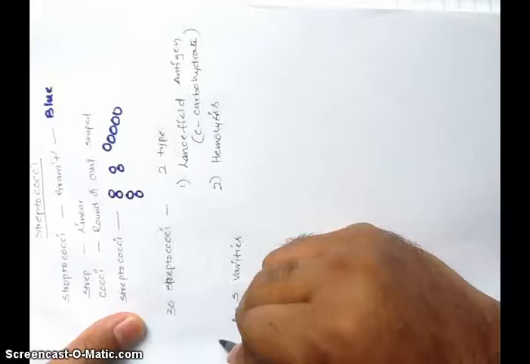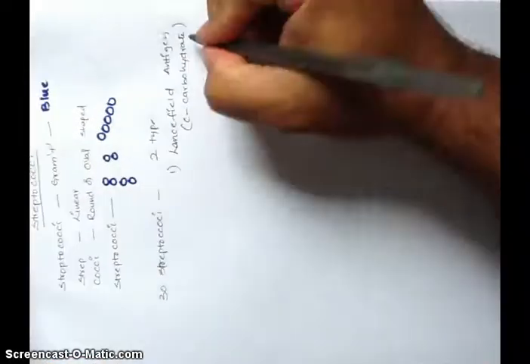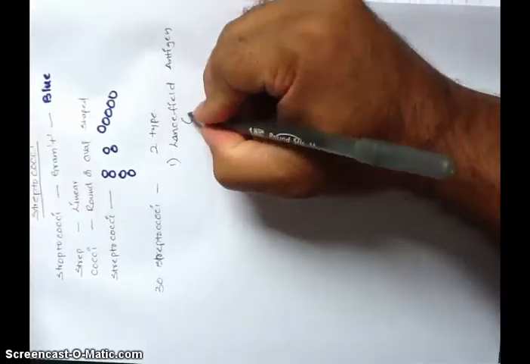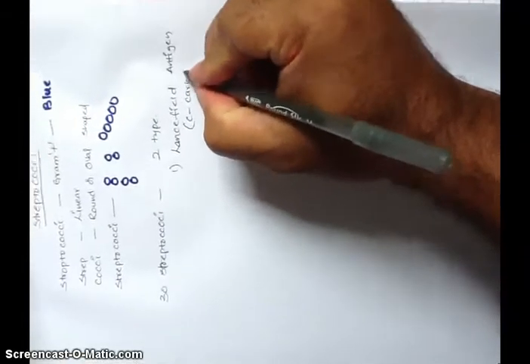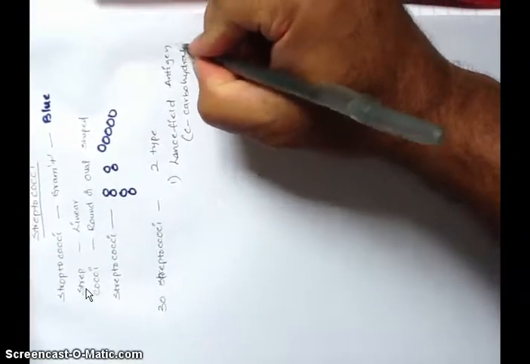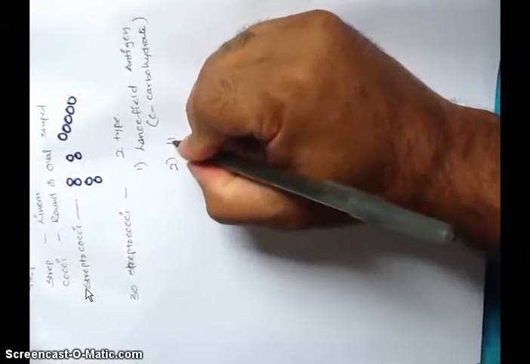So how can we classify them? One is by the C carbohydrate, which is present on the cell wall of these organisms. The second is hemolysis.